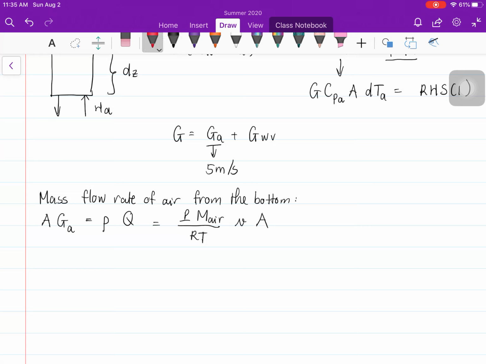So we have this and this canceled out. So I would have mass flow rate of air equal to pressure times molecular weight of air over RT times velocity.